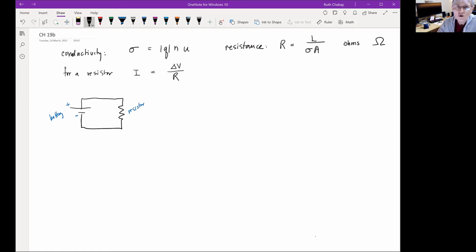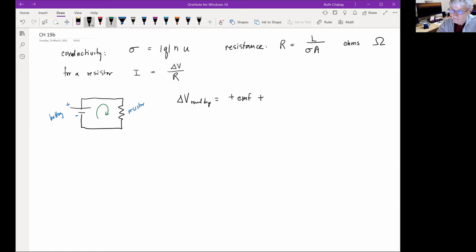So writing a loop equation, it looked like this in the macroscopic form: the delta V round trip was equal to, we have to choose a path direction. And so if we go this way, we're going from the negative terminal of the battery to the positive. We're going against the field, so we have a positive potential difference.